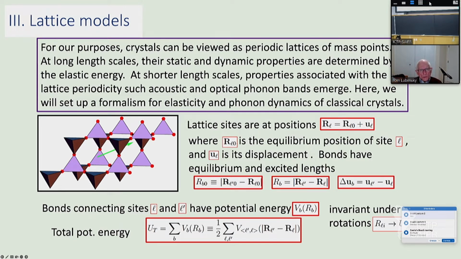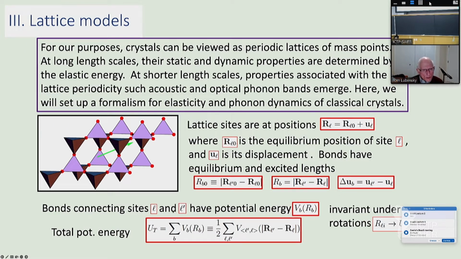So we have an R_b0, which is R_l'0 minus R_l0. b then is associated with the bond l'l. And R_b, rather than R_b0, is the actual length under extension. And we have that delta u_b, we'll use the notation, is equal to the displacement of the l' lattice site minus the displacement of the l lattice site.